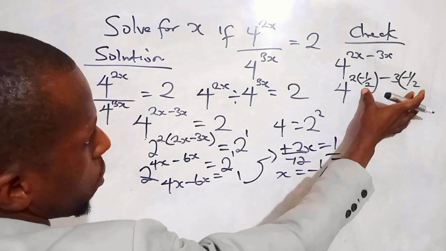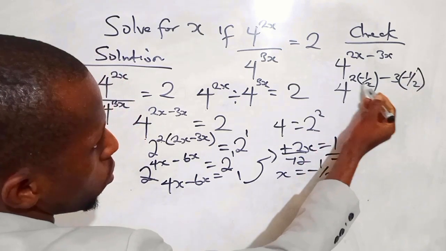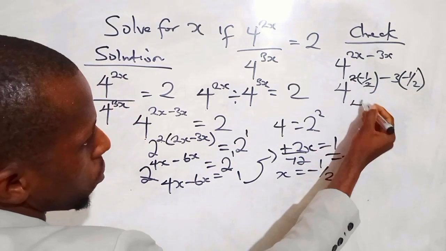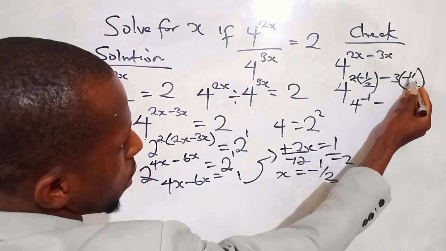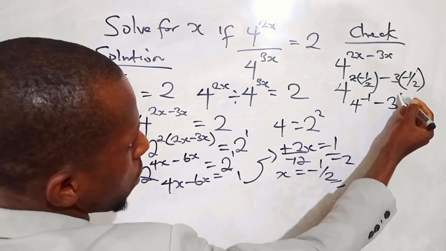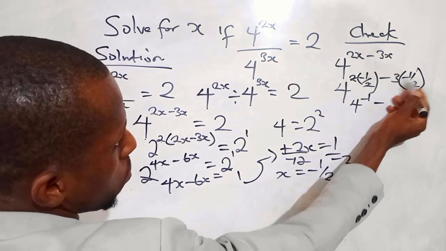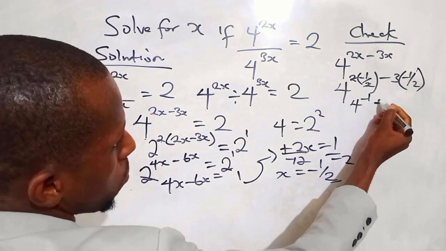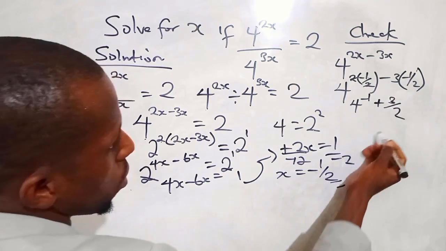Let me focus on the power. By the time I do this, 2 can cancel 2, so you have 4 raised to the power minus 1, minus, here I have 3 times minus half. Minus times minus is plus, so 3 times 1 is 3 over 2.